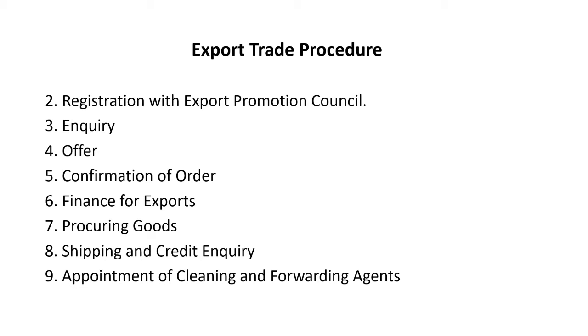Next, the eighth one is shipping and credit inquiry. Once the order is confirmed, the exporter has to make arrangements for booking of shipping space. Shipping is the popular method of dispatching goods by an exporter.